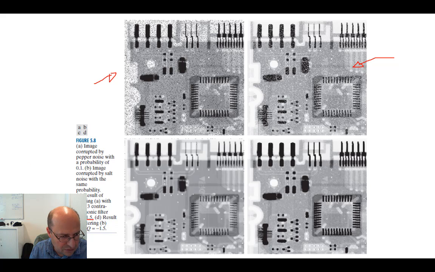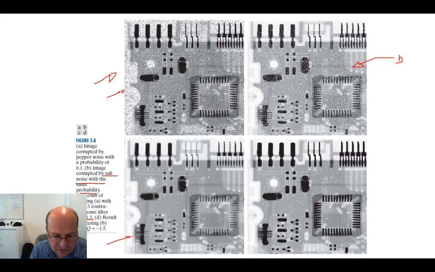Right, again, this is an image corrupted with salt and pepper noise, and this is an image corrupted by salt noise only with the same probability.